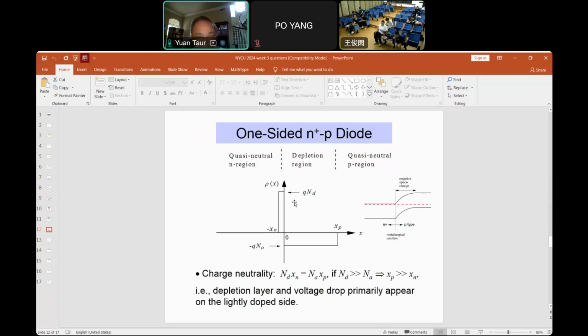If you have N plus P, then because the N plus cannot deplete much, essentially the edge of the depletion region is at the N-type boundary here. And the rest of the depletion region is in the P-type, lighter doped region.